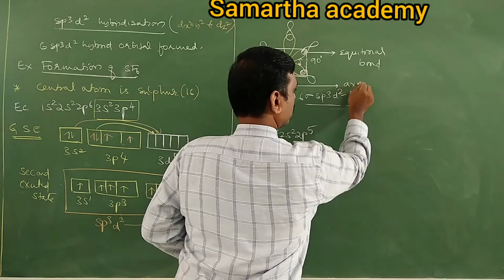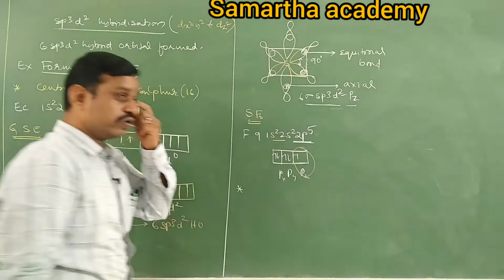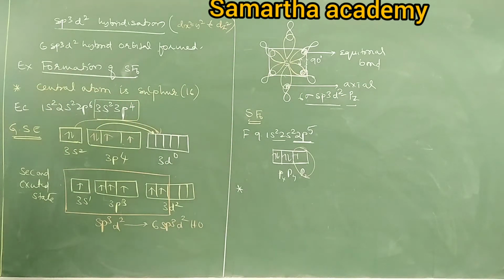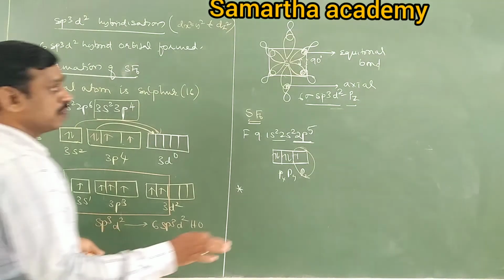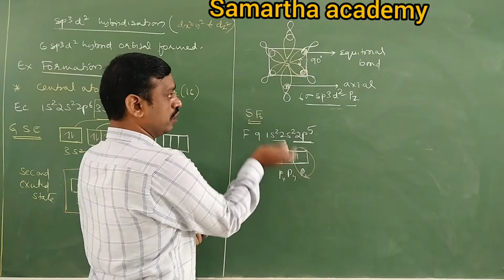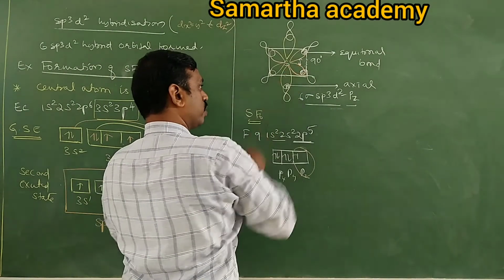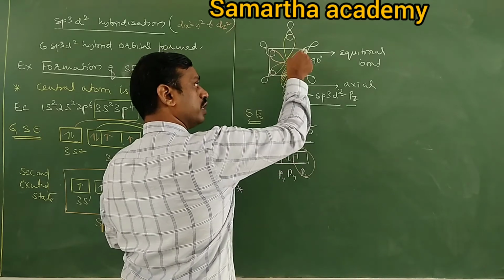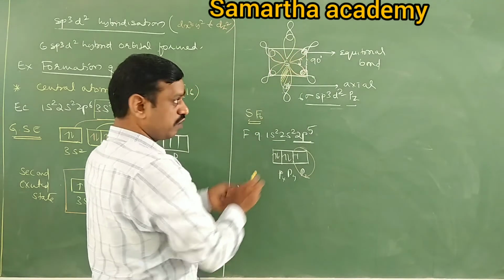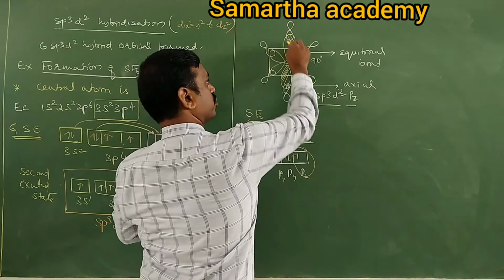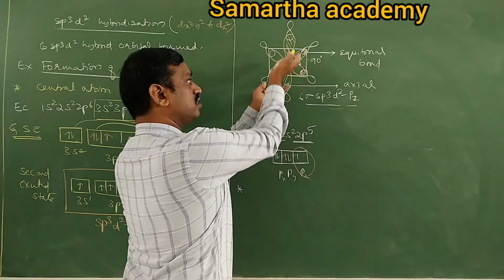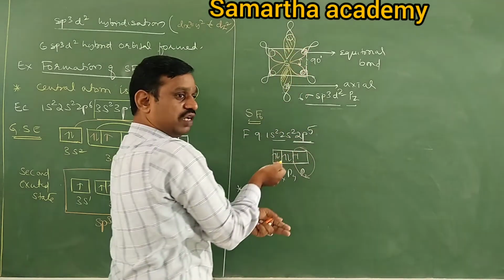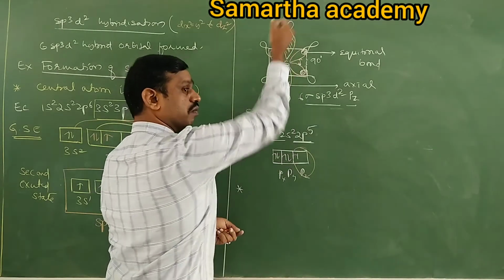Axial bond. So, as in PCl5, SF6 also has equatorial bonds and axial bonds. Similar to PCl5, here also the axial bonds experience more repulsion compared to equatorial bonds. Therefore, since they experience more repulsion, what happens? These axial bonds move away from the sulfur. That means bond length is more.